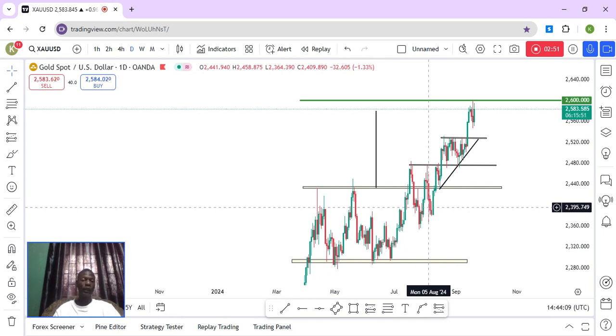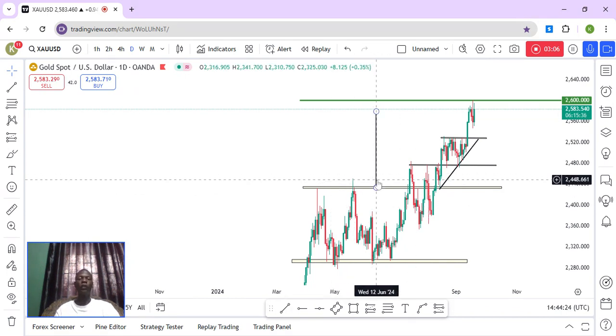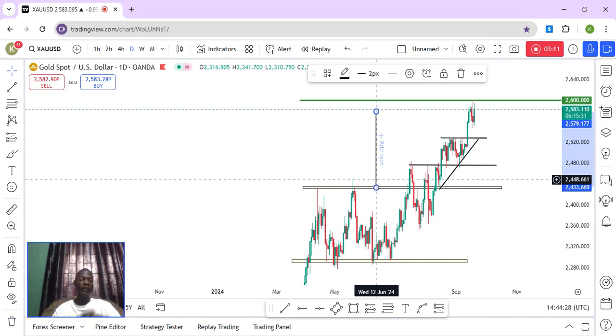Then if it takes that out, we'll have to find a new resistance level, because gold is at all-time highs right now. For fundamental traders that don't understand what I said, what I mean is that whenever a market is priced in, it can be priced out.